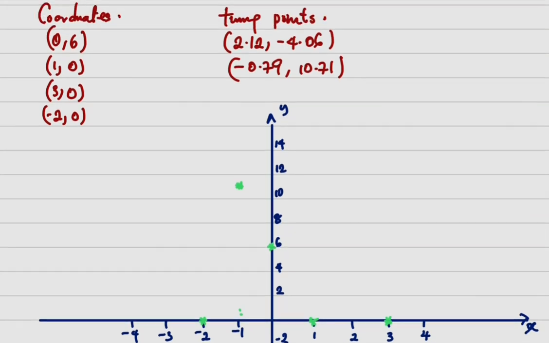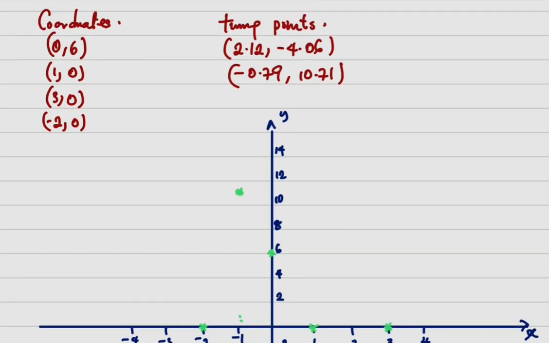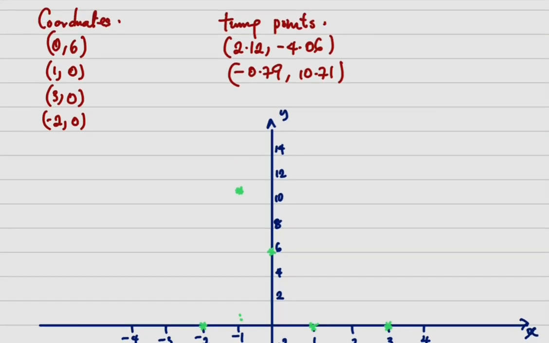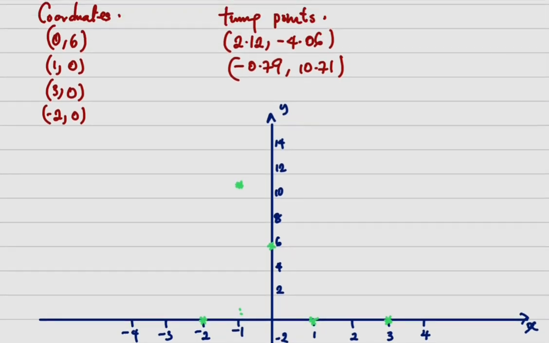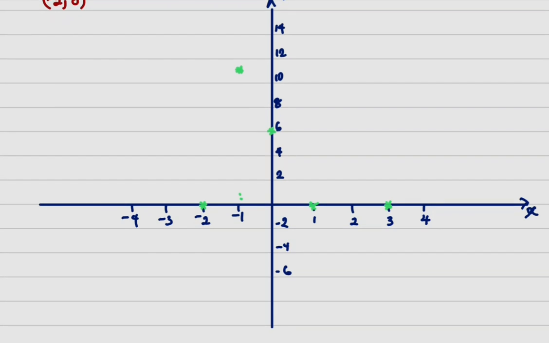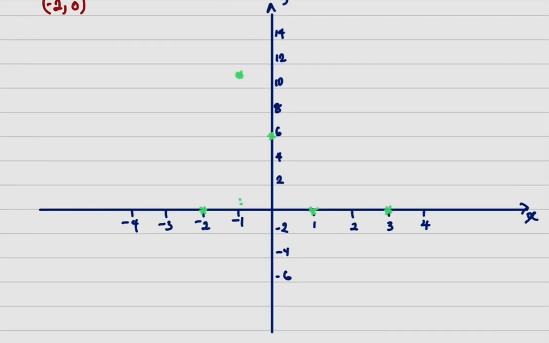We've gotten that one. Then the second one is the minimum point, between 2.12 and minus 4.06. So it is approximately at this juncture. Okay, so we have all we need.